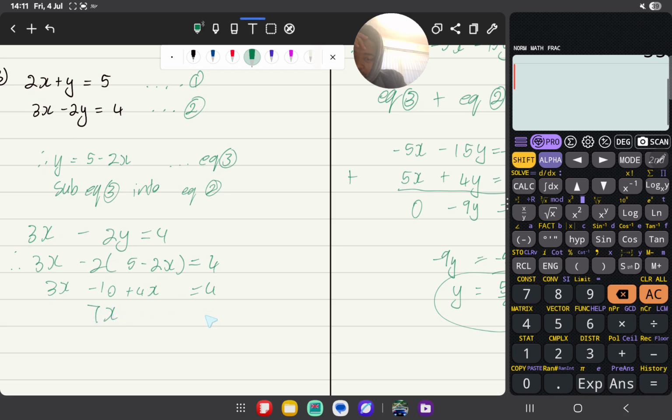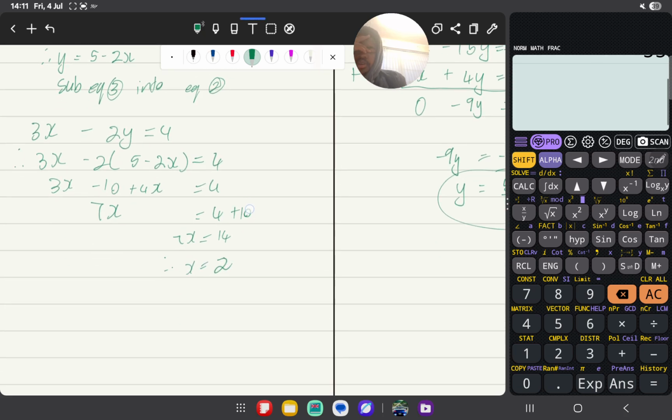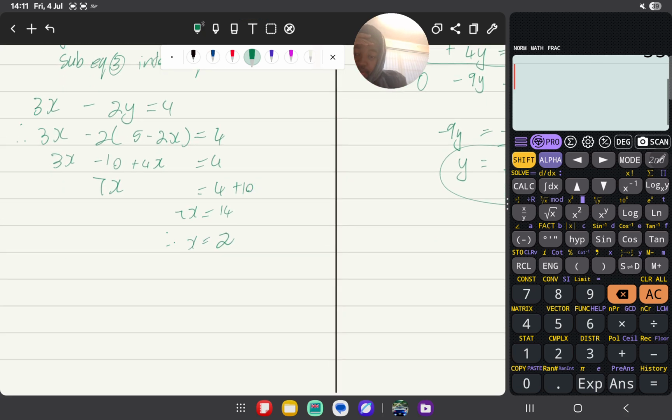So I have 7x, I have 4 plus 10, 14, 7x equals 14, x equals 2. From x equals 2, y equals 5 minus 2x, so that is 5 minus 2 into 2, 5 minus 4, 1, therefore I have 2 and 1.